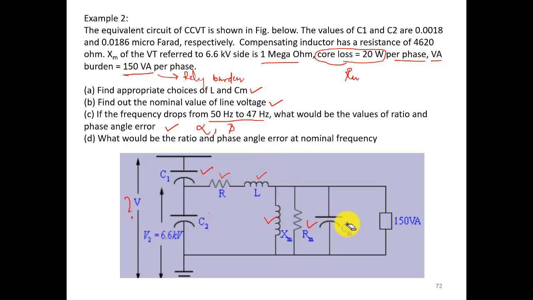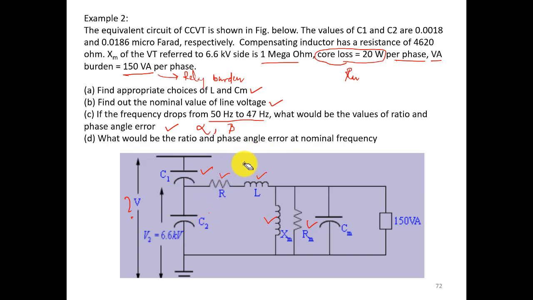This capacitance in fact compensates Xm, and this L really compensates the effect of the other capacitances connected here, C1 and C2, and the voltage drop across R as well. Okay, so now we'll see, not R, only C1 and C2.